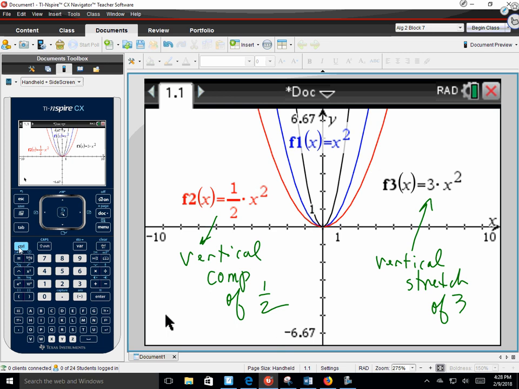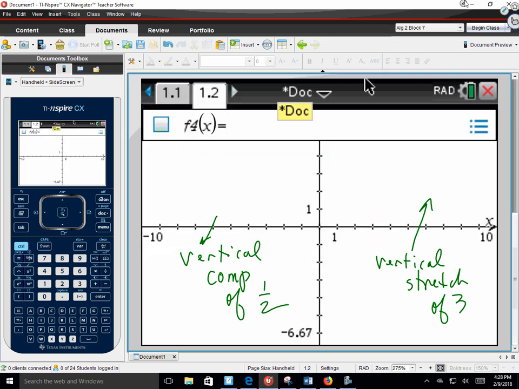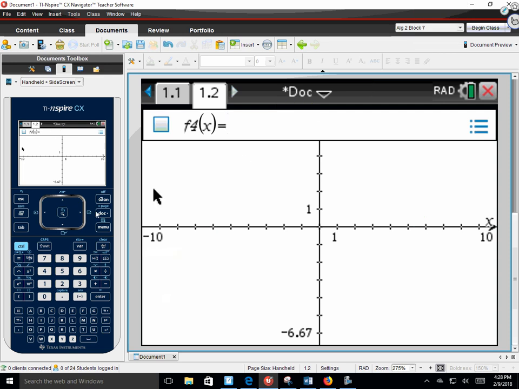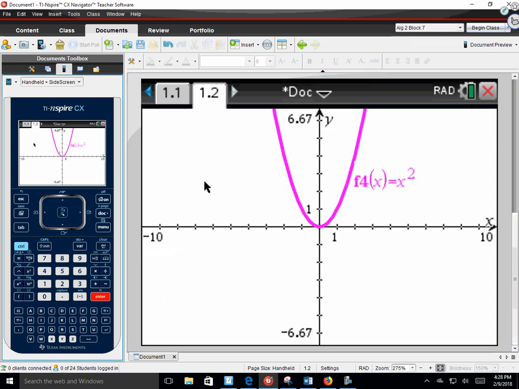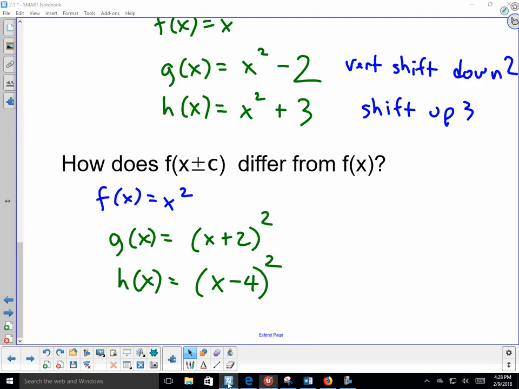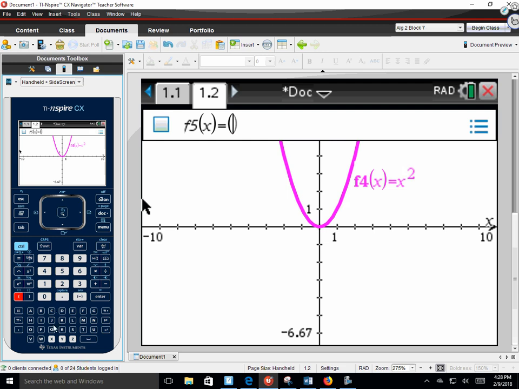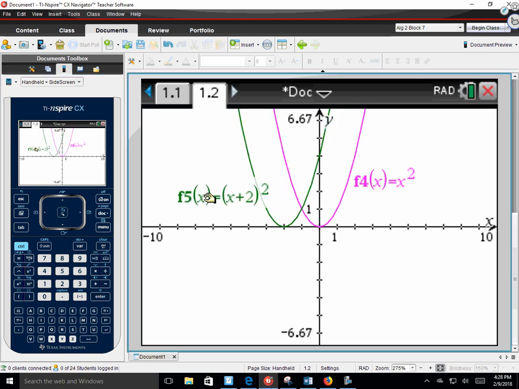So I'm going to add a new page, graphs page. I'm going to clear this out of here. And so we're going to have our parent function x squared. And let's say we push tab and we want to do parentheses, and what was my first one? x plus 2 quantity squared. So if I do x plus 2, close parentheses, hit the squared button, that graph has been shifted 2 units to the left.